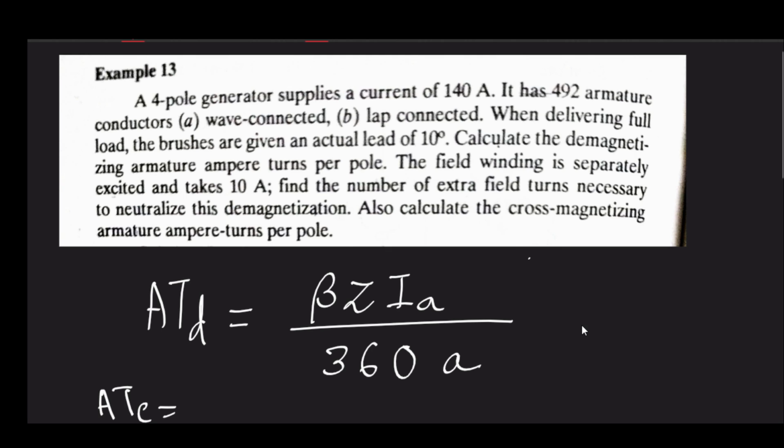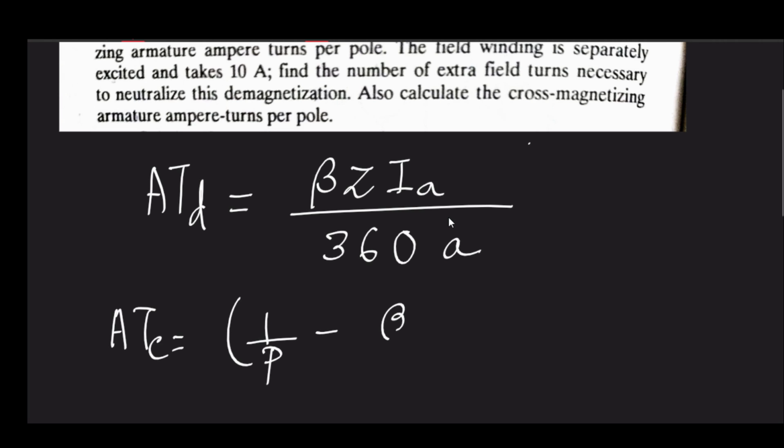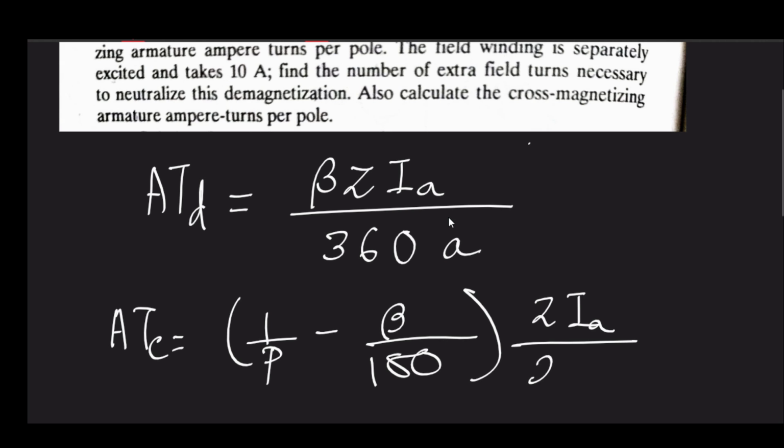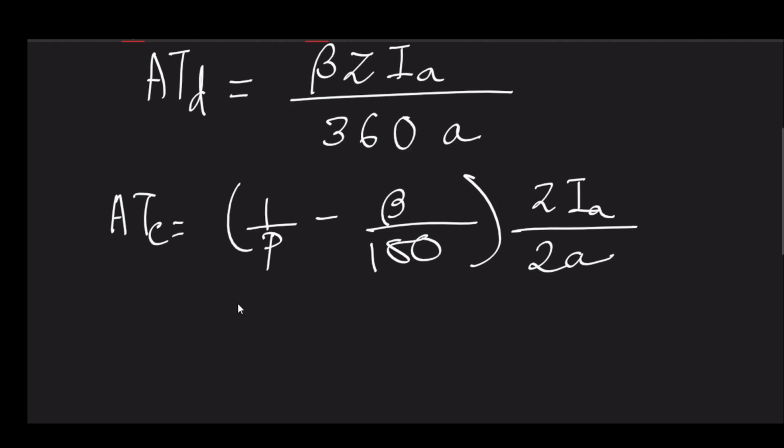That is for the cross magnetizing field. Now beta is in mechanical degrees.